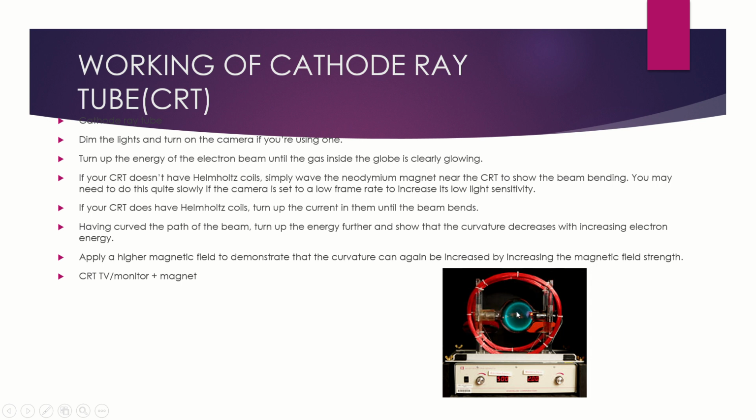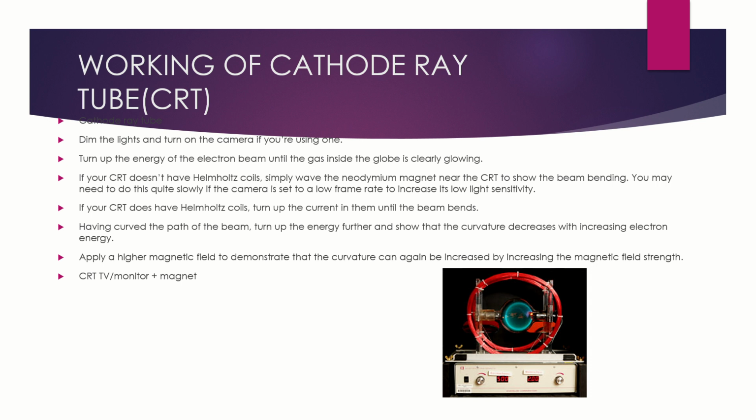CRT has a Helmholtz coil, which simply waves the magnet near the CRT coil to show the bending of the beam. CRT does have a Helmholtz coil; turn up the current in them until the beam bends.